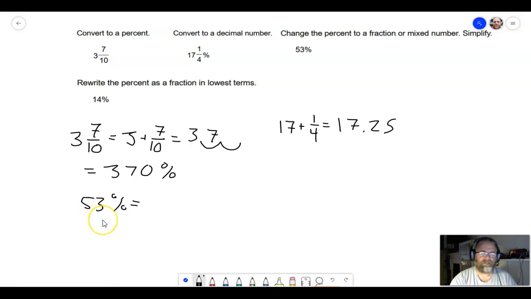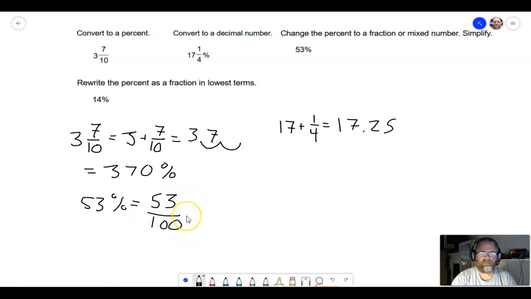Let's actually just use the percent rule. And that means that if you have a percent, that's the same thing as saying that number divided by 100. Why? Because dividing by 100 moves that decimal place 2 to the left. So I can write this as 53/100 and drop that percentage there because I'm dividing by 100.